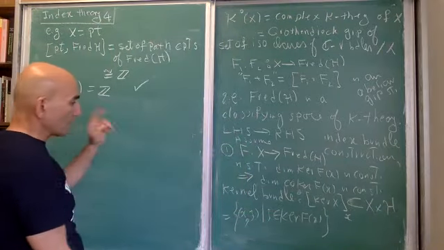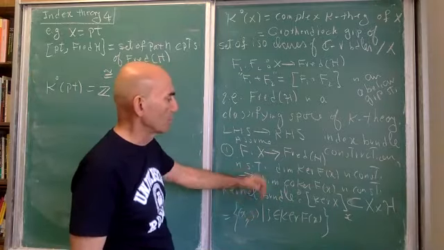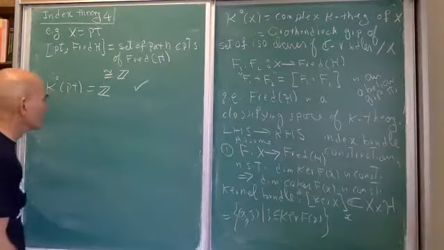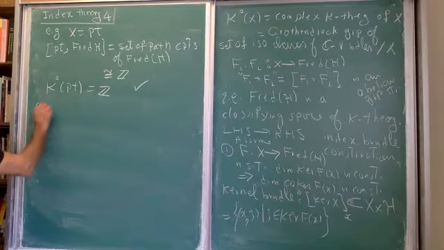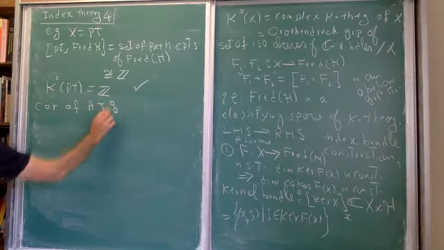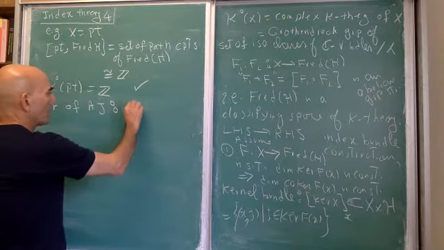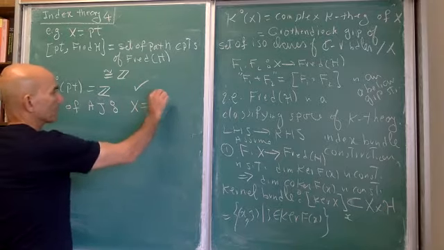But now let me draw one immediate conclusion of this, which is useful. This is a corollary of Atiyah-Jänich. So let's take X equal to S^n, right?